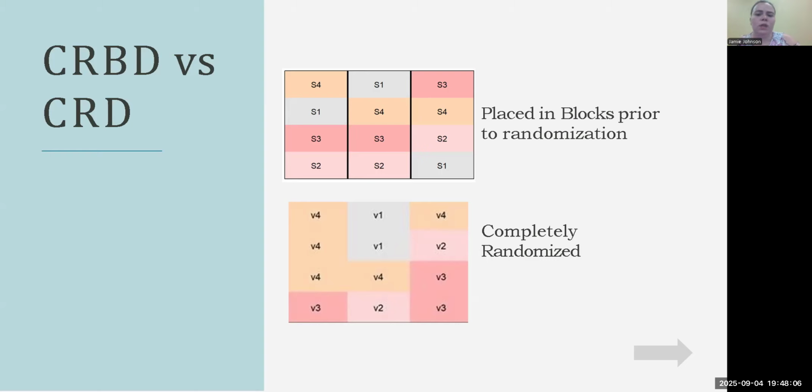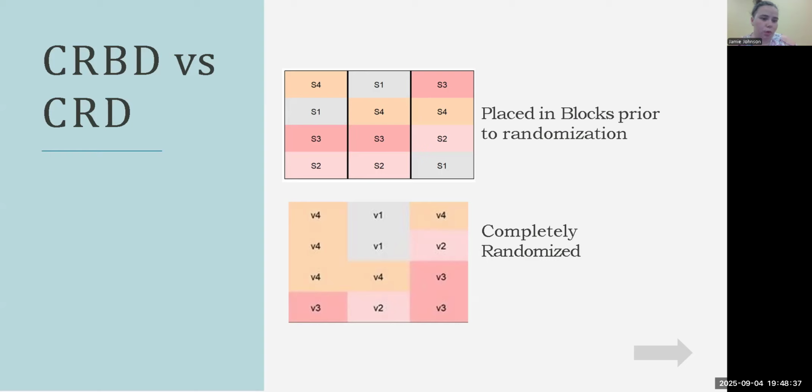And so the top one, right? We have it blocked off into 3 sections, and treatments 1, 2, 3, and 4 happen once in each of the 3 sections. That is completely randomized block design. It isolates the other factors, whereas completely randomized design does not take other factors into account.